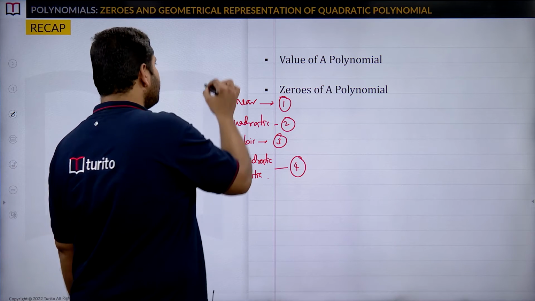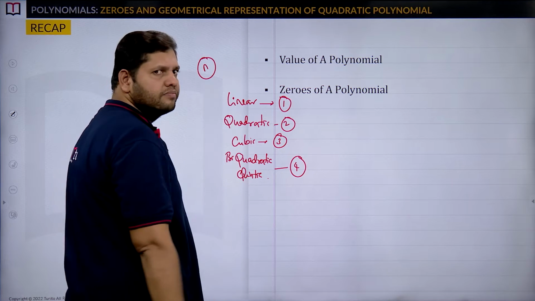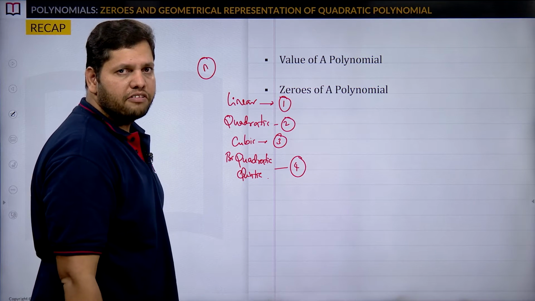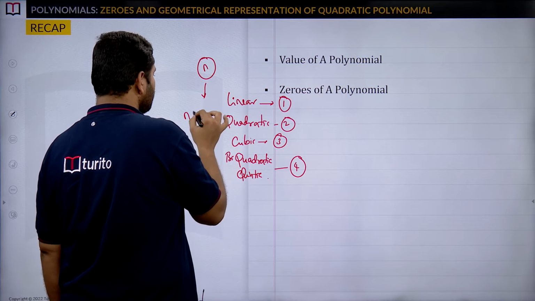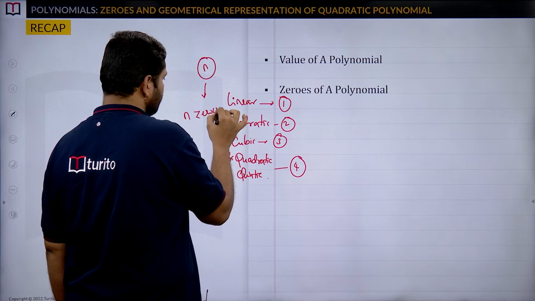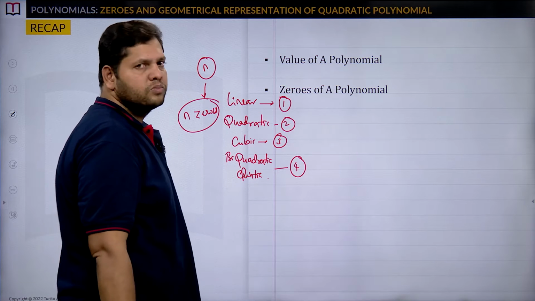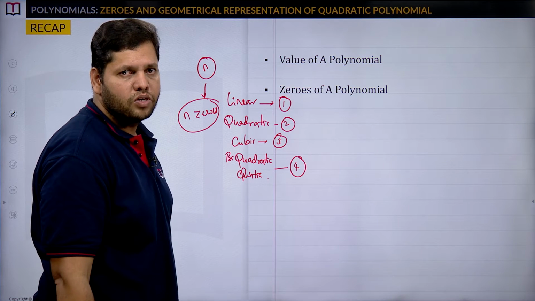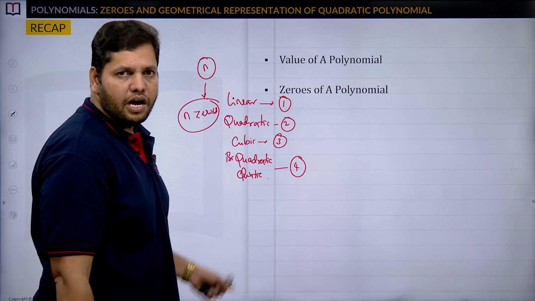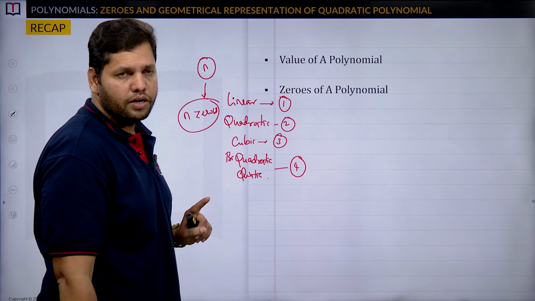If the polynomial has degree n, it has a total of n zeros. Clear, children? These are the points I explained in the previous class: value of polynomial and zero of the polynomial.